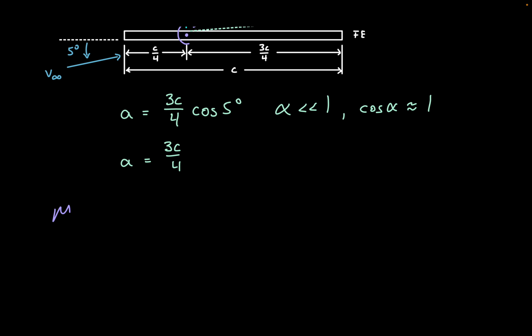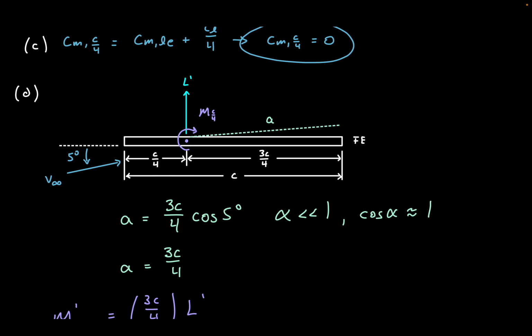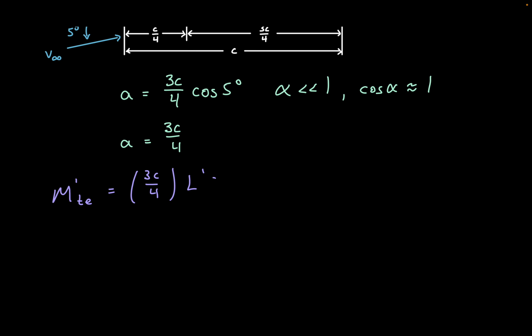The moment per unit span about the trailing edge is going to be equal to our moment arm A, 3c divided by 4, times the lift per unit span, because our lift is going to be perpendicular here in this case. And then we are adding the moment about our quarter chord, so m prime c/4.